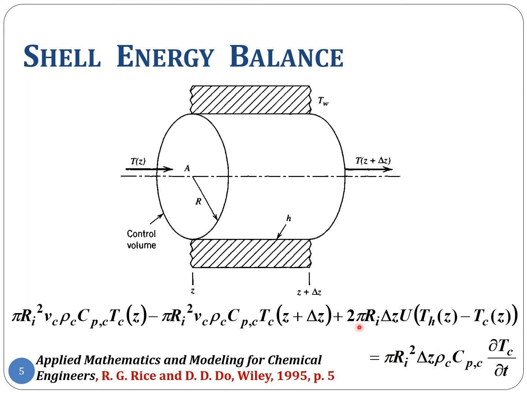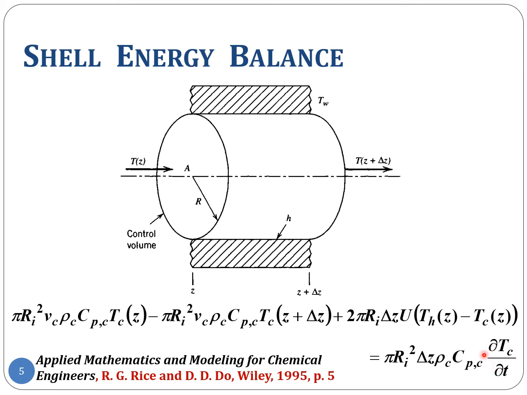So this is this term, and the last term is pi r squared delta z, the volume, multiplied by the density gives the mass, times specific heat, times again Tc minus some reference temperature. And then when you are looking at time variation, accumulation or depletion, that gives rise to this partial derivative.